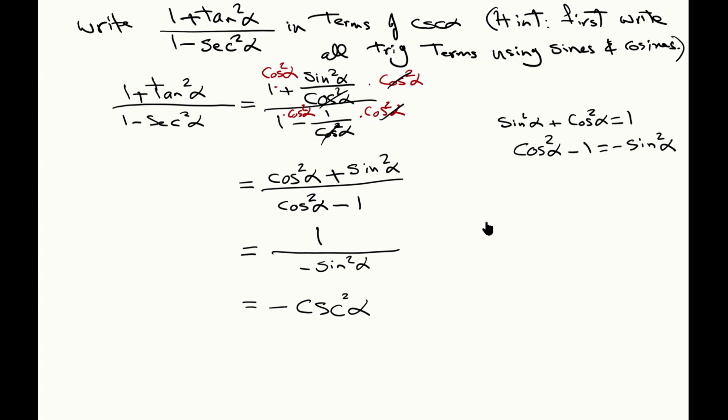As a heads up, in the next section, these hints won't be provided, and we'll just be asked the same question, but it'll be asked in this way. You'll be asked to prove that 1 plus tan squared alpha over 1 minus secant squared alpha equals negative cosecant squared alpha.